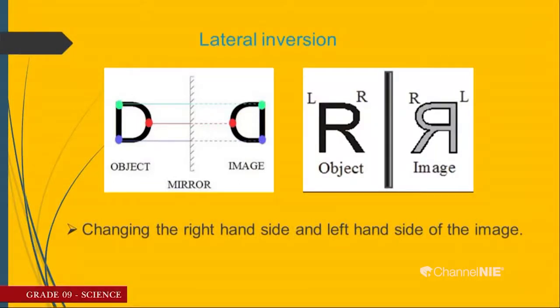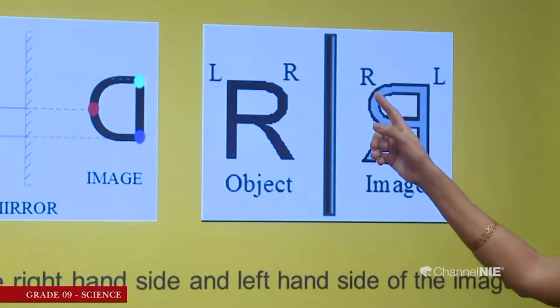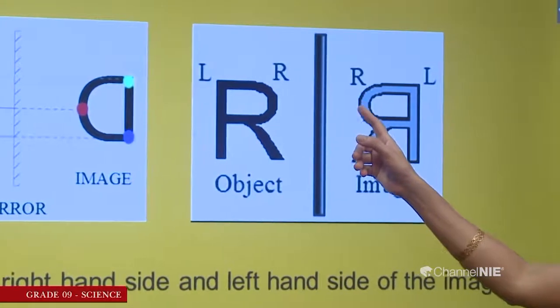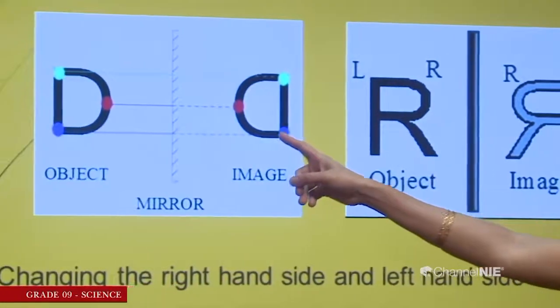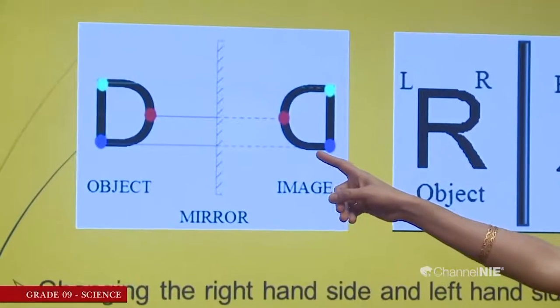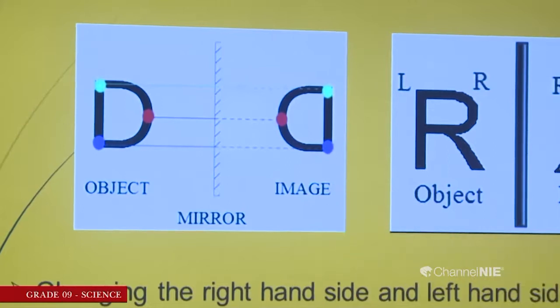It is changing the right hand side and left hand side of the image. In this diagram, you can see capital R in front of the plane mirror. When you see through the mirror, you can see R like this. So, it is clear the left and right side of the letter has been changed. I used another letter D here to show the lateral inversion when you observe through a plane mirror.